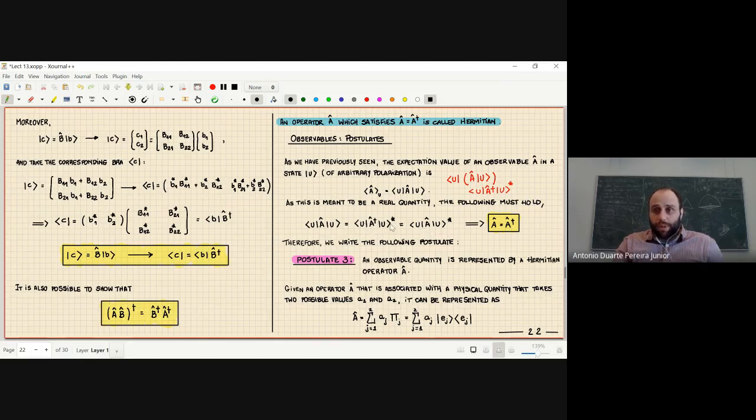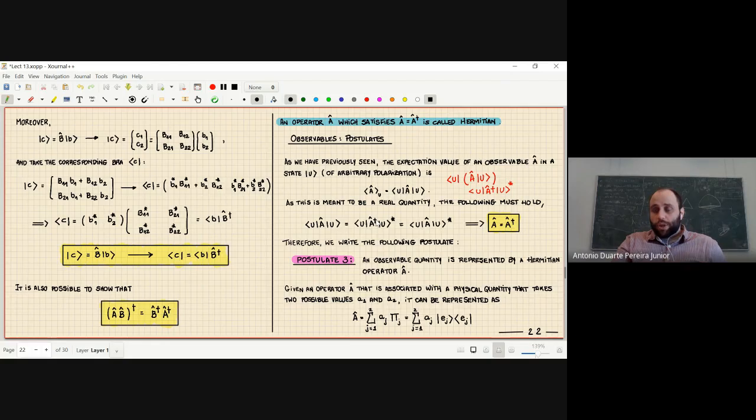So the only possibility that this can happen is if A is equal to A dagger. So if the matrix is Hermitian. What I'm concluding from this brief discussion is that if I want to compute the expectation value of an observable in a given state U, for this to be real, I have to have that the matrix A is Hermitian.